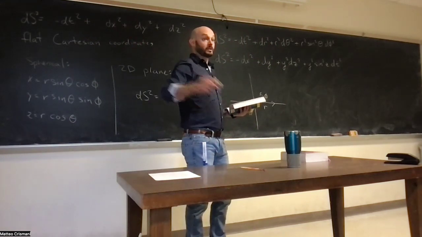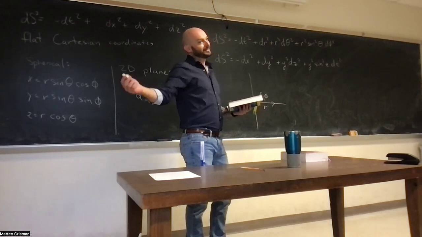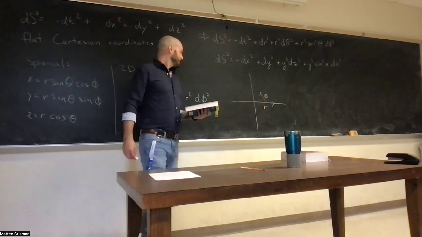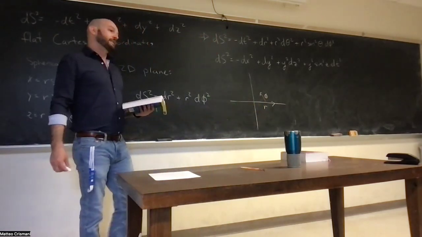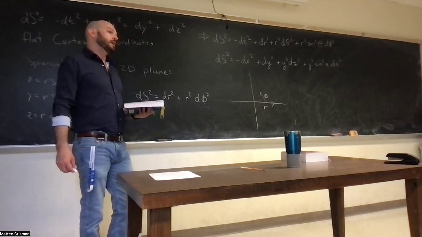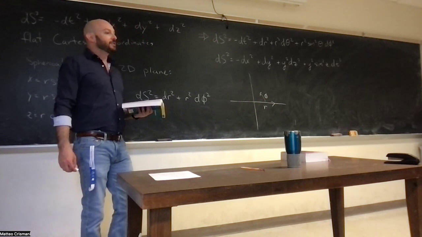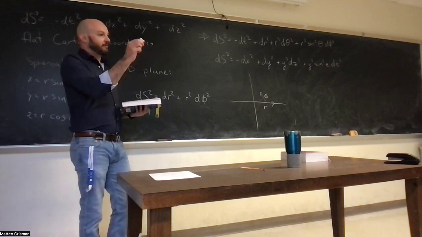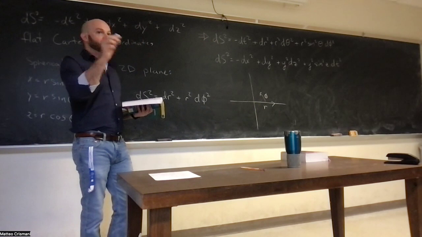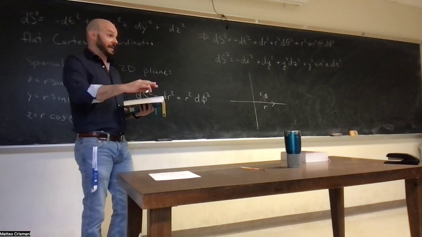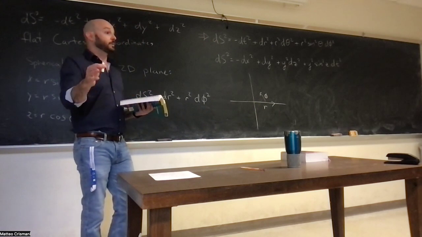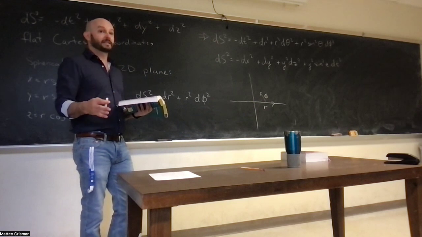It describes lots of points at one R. Why is that bad? Well, it's a coordinate singularity. Anytime you don't have a unique description for every point in space, if two places can be described by the same point, that's what we consider a coordinate singularity.